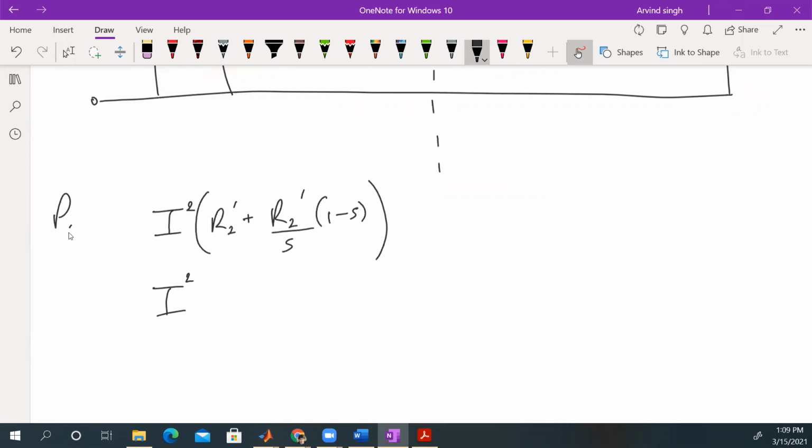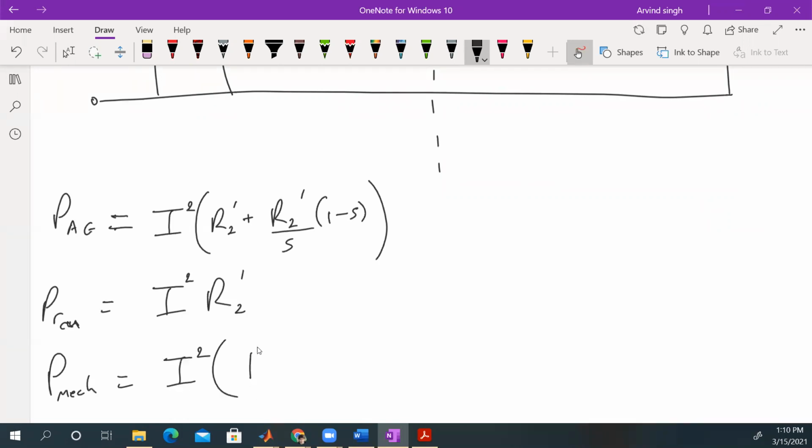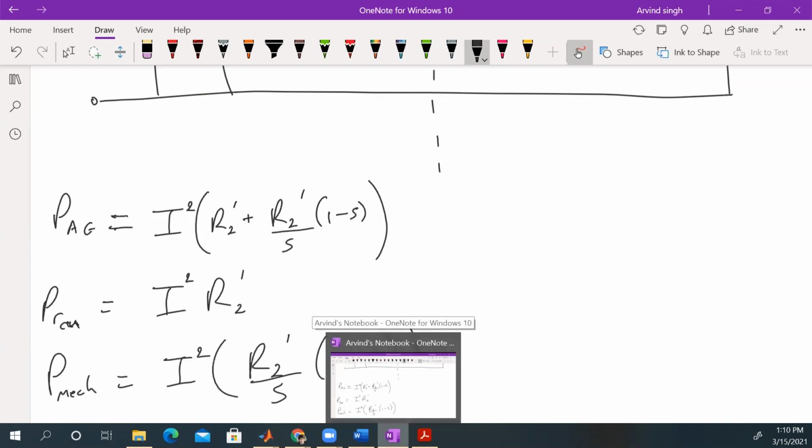So this is P air gap. This is P rotor copper losses, I squared R2 prime, and then P mechanical is equal to I squared R2 prime on S, 1 minus S, right?